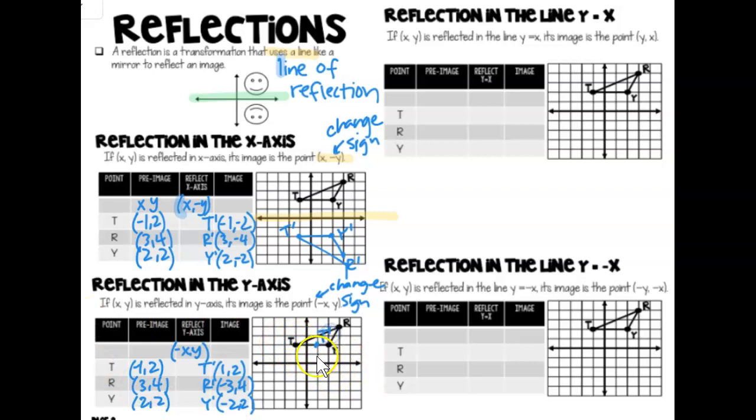T prime. R prime (-3, 4). And Y (2, 2), Y prime (-2, 2). And you can see I have reflected my triangle over the y-axis here.